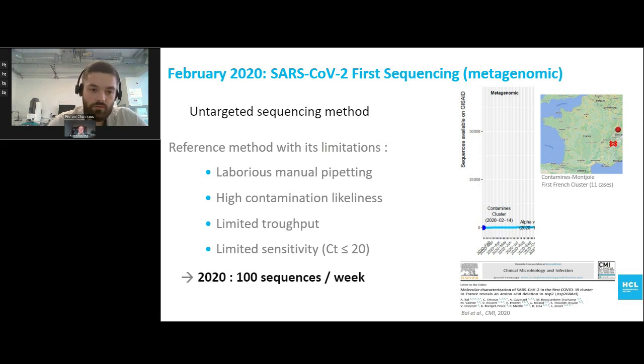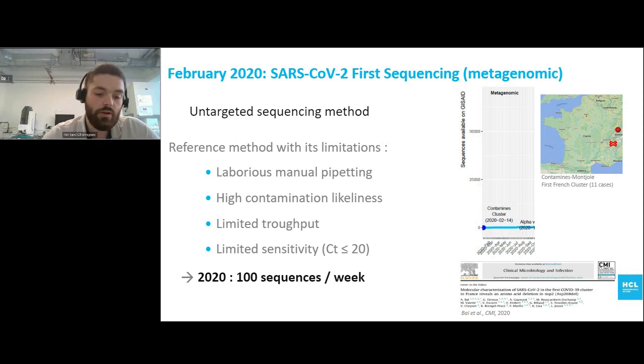First, it's a laborious manual pipetting, which induces high contamination likelihood and also a limited throughput, obviously. More importantly, it has a very limited sensitivity, which means that for samples with a CT value over 20, you can basically not really hope to have a great quality sequence.